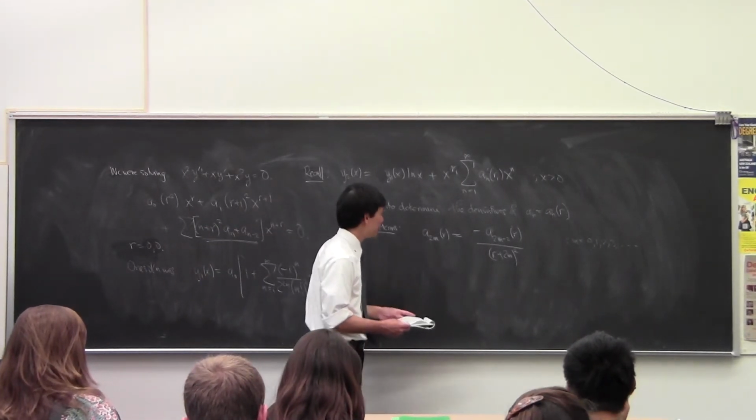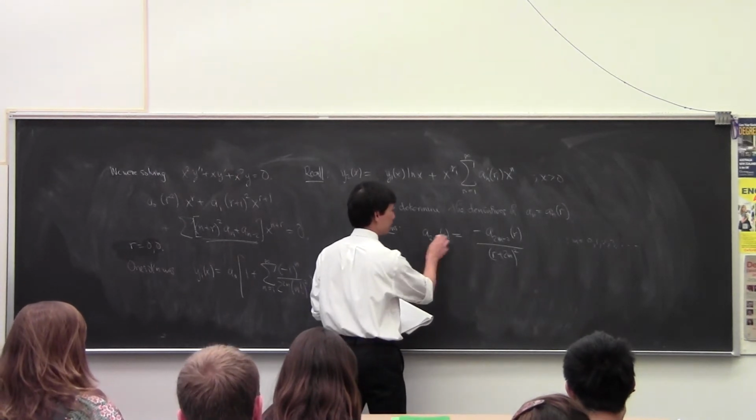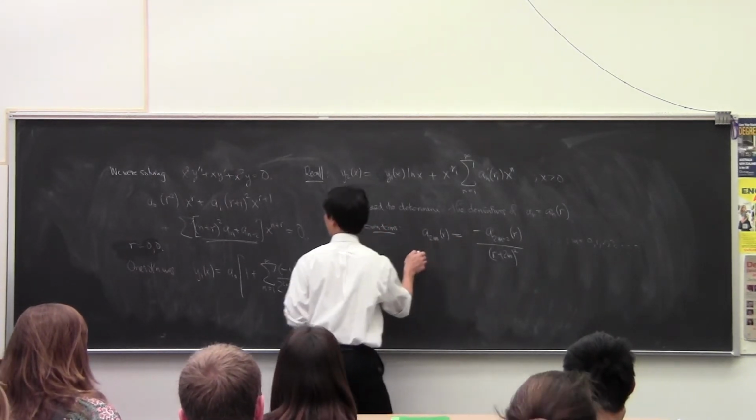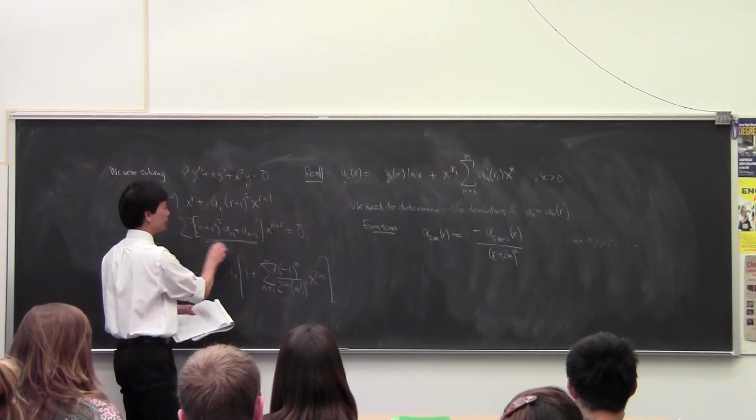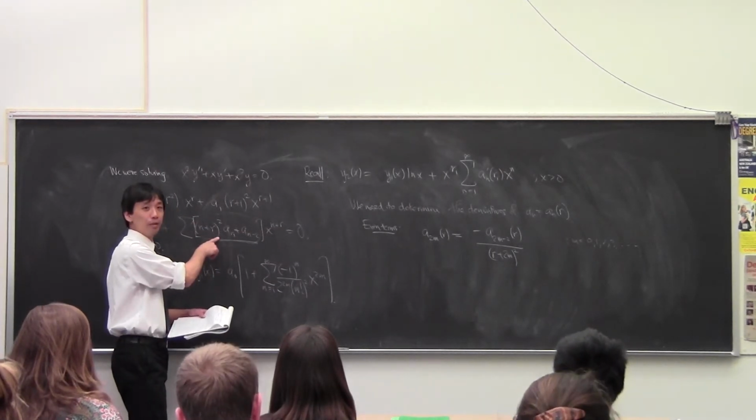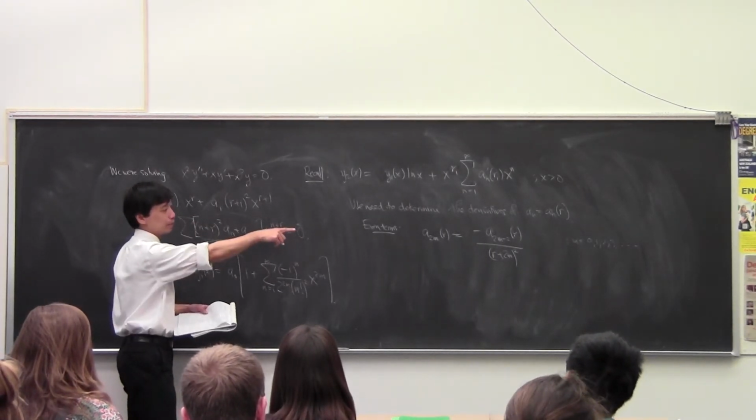Okay, so what do we do? 2m from the recurrence relation. Does everyone see that? We want this thing to be 0, and so we get that recurrence relation.